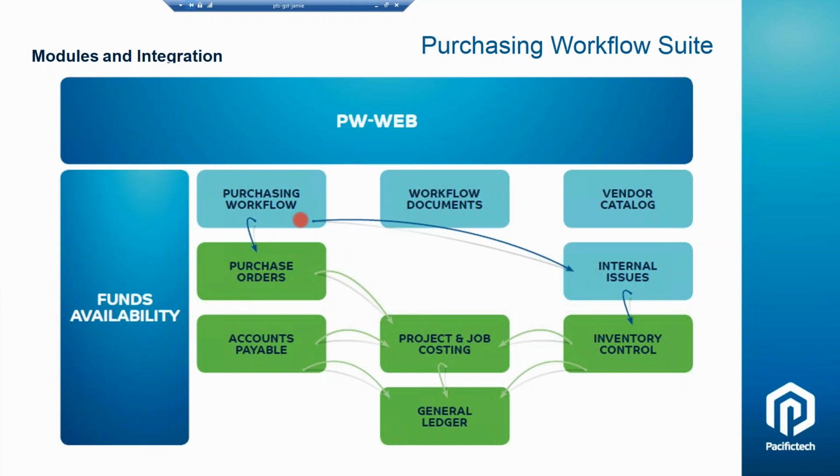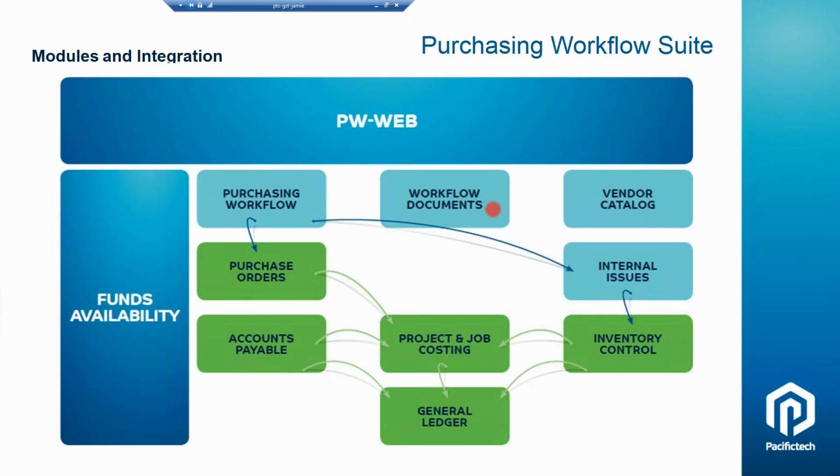You can do a lot of the maintenance yourselves, so it makes it a very cost-effective solution. Once a requisition is fully approved, then it creates a purchase order within Sage. So it's like a front end to the Sage PO module. Right, so that's purchasing workflow.